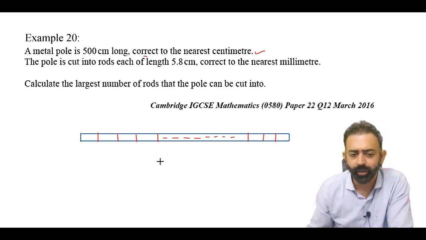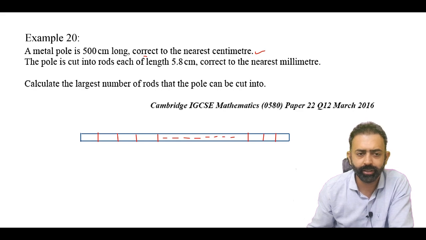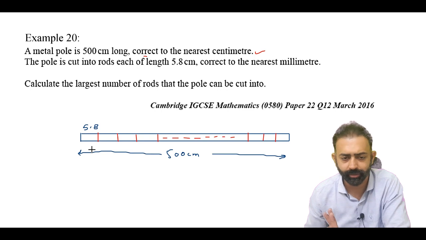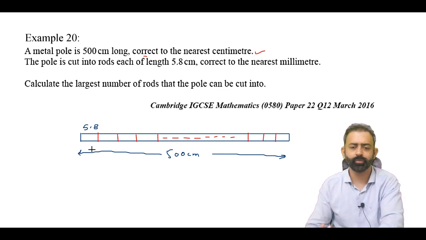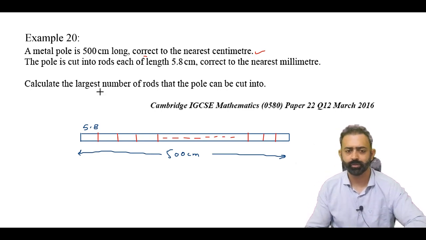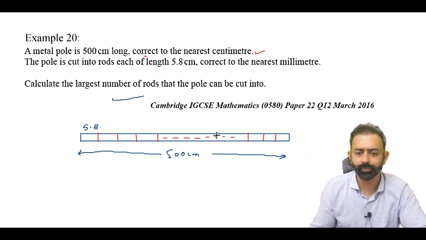The length of each rod is 5.8 centimeters, correct to the nearest millimeter, and the length of the metal pole is 500 centimeters, correct to the nearest centimeter. We need to find the largest number of rods that the pole can be cut into.